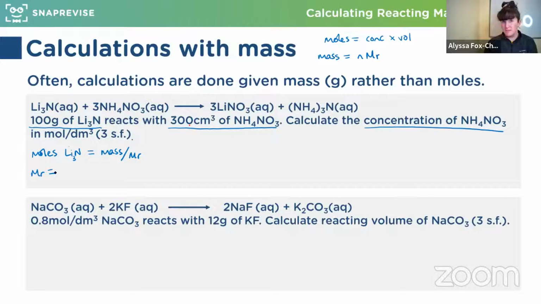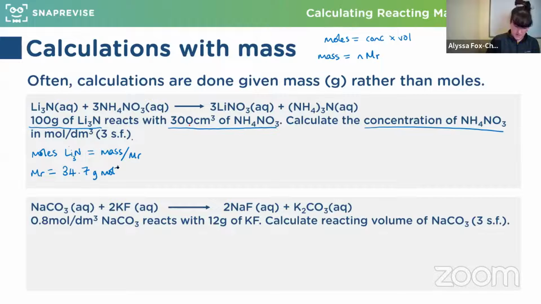In this case, I'm actually calculating the formula mass because I want to know the mass of one lot of Li3N. But if I do the quick calculation, I should get 34.7 grams per mole.